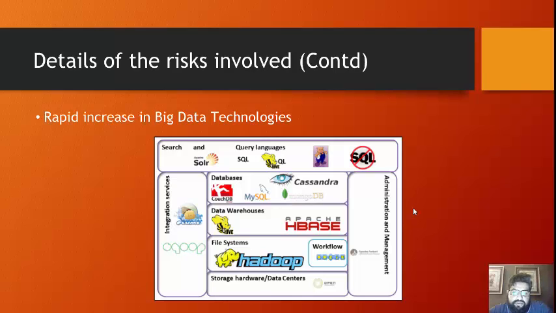For example, we might want to use Cassandra, Kafka, Hadoop. Then we can decide whether to use databases like Firebase, MongoDB, CouchDB. So it's very difficult to decide at one particular instant which technology combination would best fit our requirement.